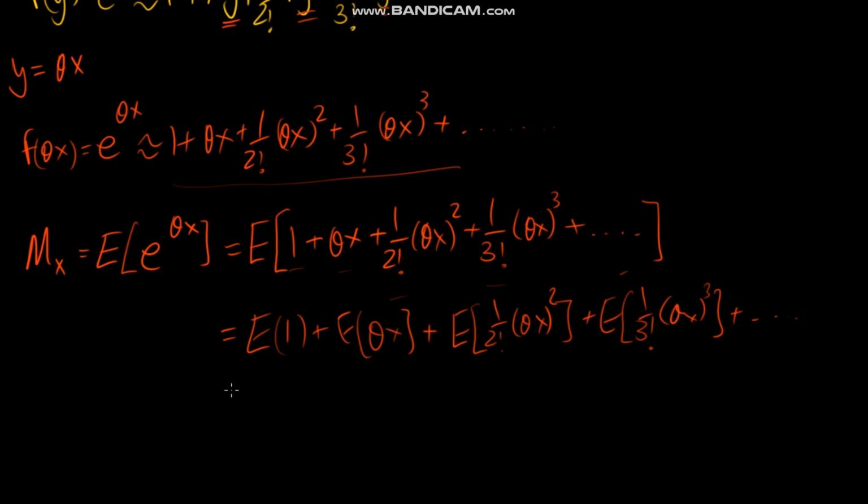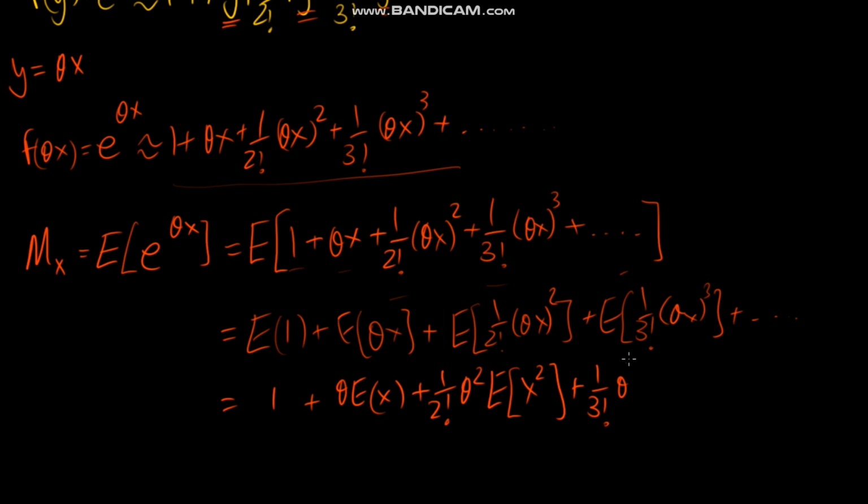The expectation of 1 is 1, here we can pull the theta out, plus here we can pull out the 1 over 2 factorial and theta squared times the expectation of x squared, plus here we take out 1 over 3 factorial and theta cubed times the expectation of x to the power of 3, and so on. So this is our moment generating function.